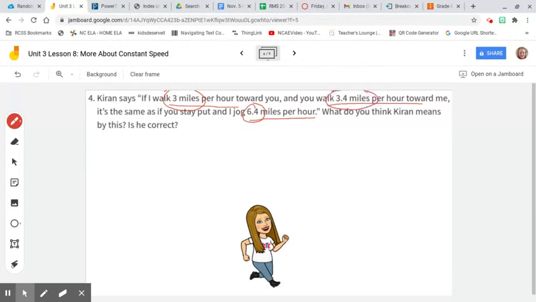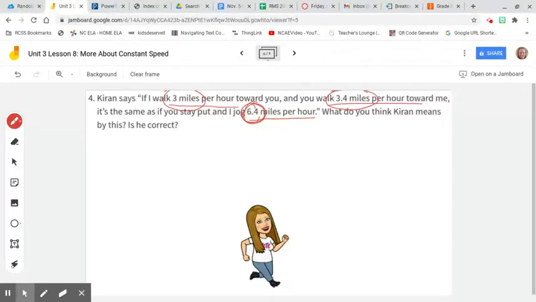So what Kieran is saying is that if Claire just stays put and doesn't go anywhere, and Kieran jogs at 6.4 miles per hour, will they still get there at the same time?